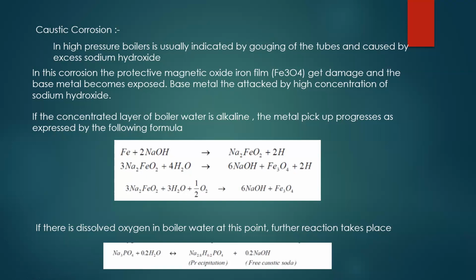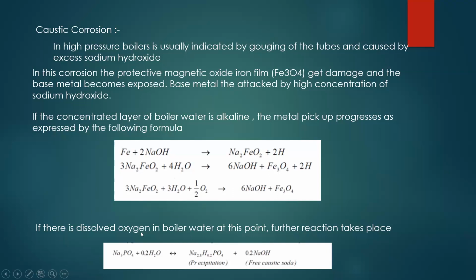So there was iron and it converted into iron oxide. This is the combined reaction: 3Na2FeO2 plus 3H2O plus half O2 react to form 6NaOH plus Fe3O4. That is the corrosion.